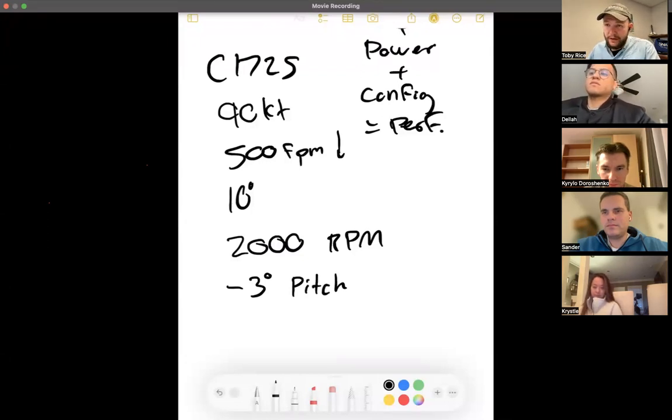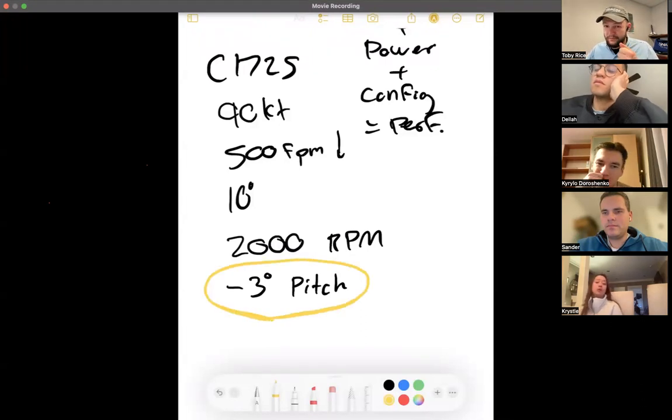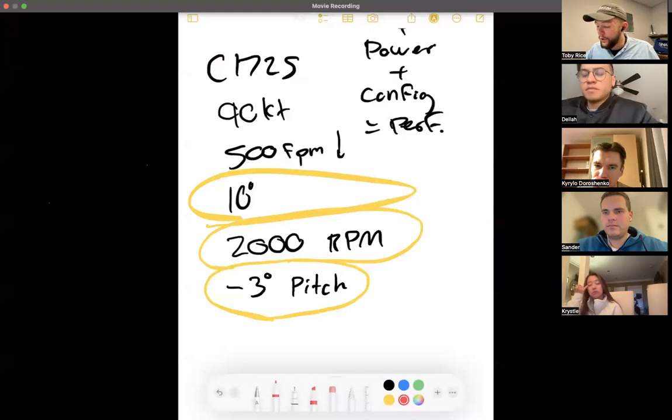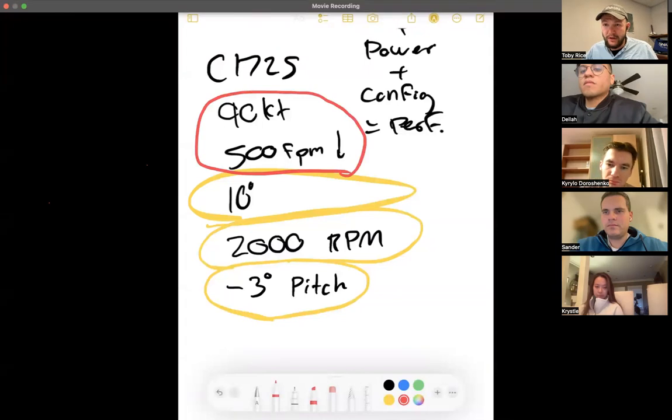So I know that if I take my hands on the controls of the airplane and I set 3 degrees of pitch at 2,000 RPM with 10 degrees of flaps, the airplane will fly 90 knots at 500 feet per minute, which is very, very close to a 3-degree angle.